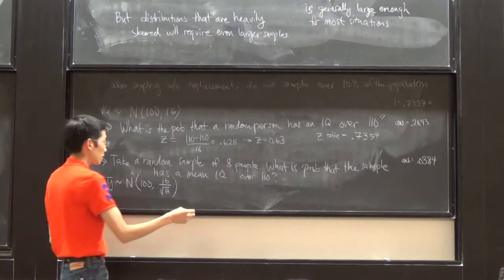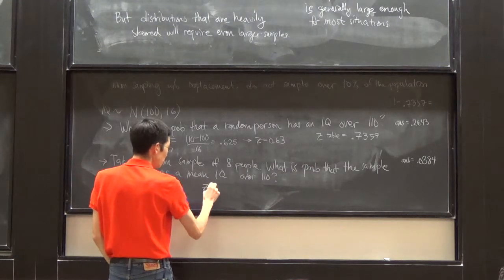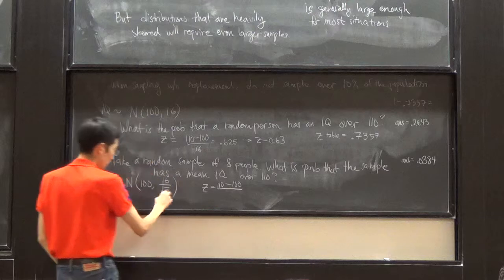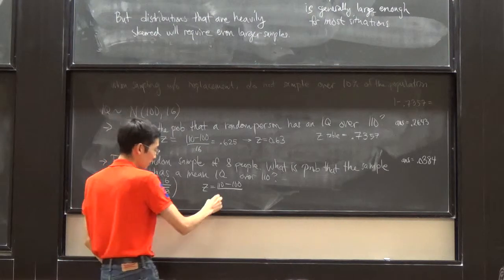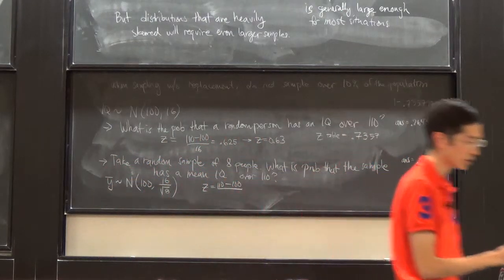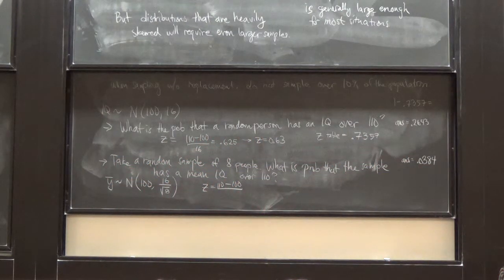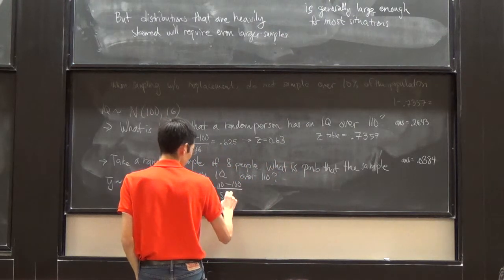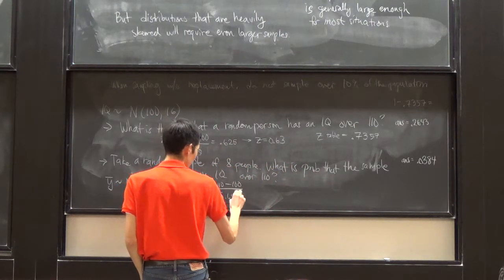Okay, so now that we have this, we would do z is equal to 110 minus 100, divided by whatever this comes out to be. I forget, it was like 5.657, I'll just say that.